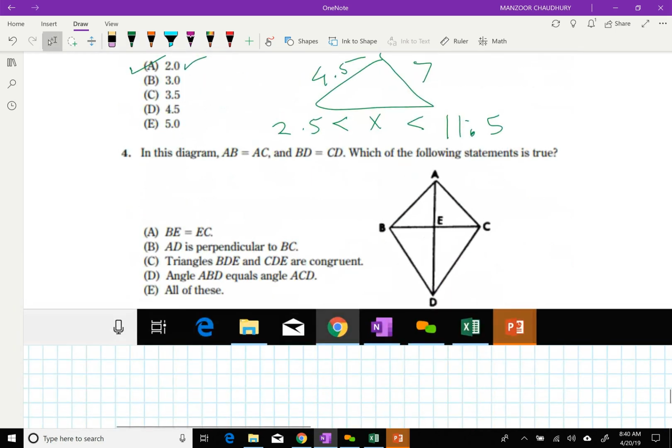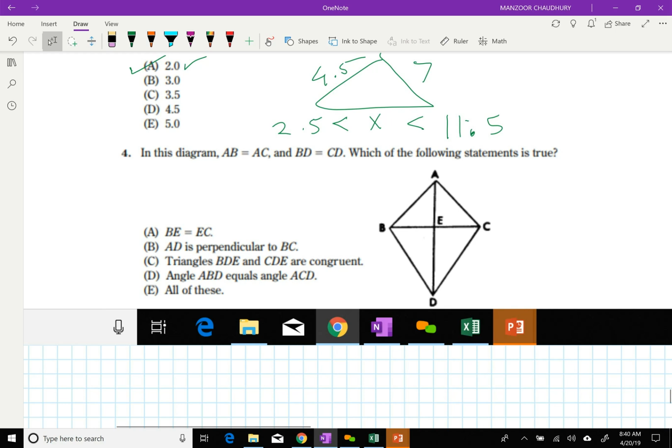Number 4. In this diagram, AB equals AC and BD equals CD. Which of the following statements is true?